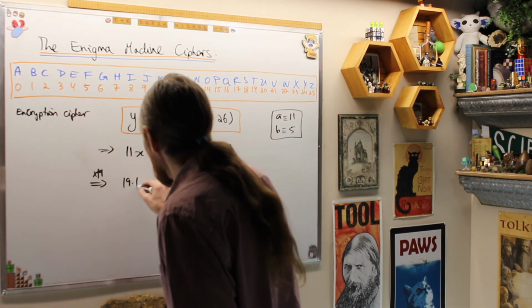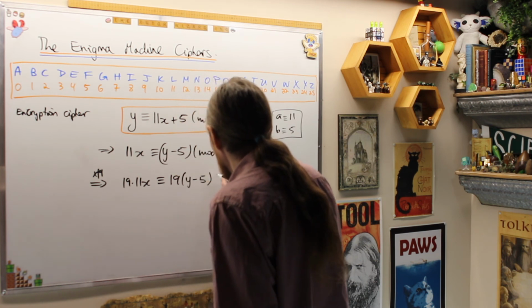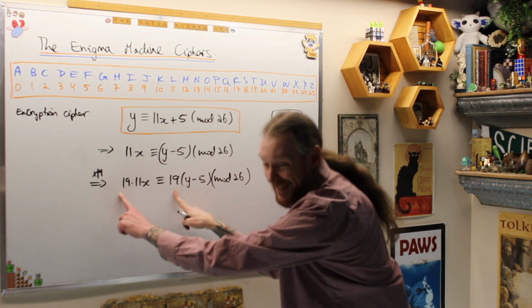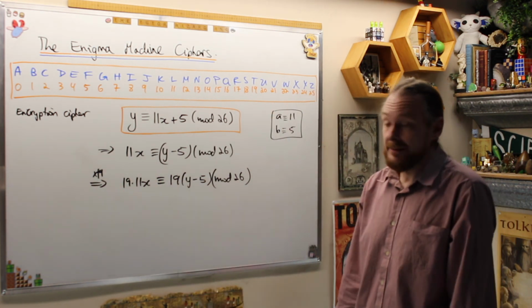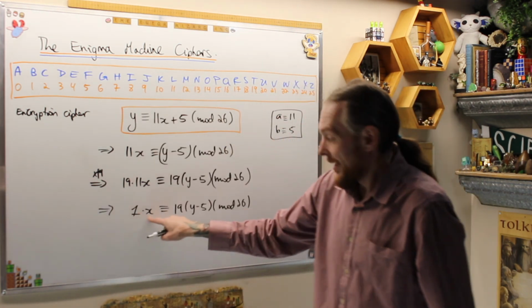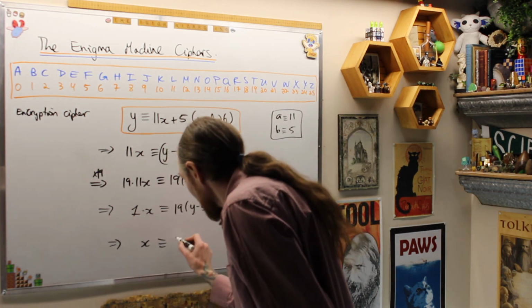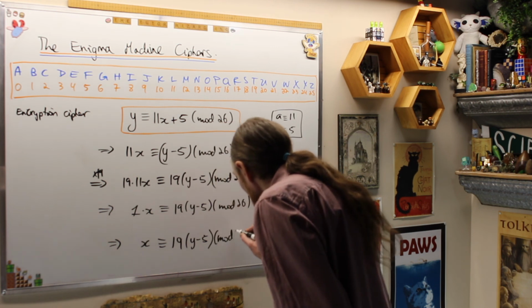So we're going to get 19 times 11x is congruent to 19 times (y minus 5) mod 26. I've multiplied both sides of the congruence by 19, which I'm allowed to do by our properties. This we now know is a 1, and 1 times this is x. So we get the decryption cipher. X is congruent to 19 times (y minus 5) modulo 26.